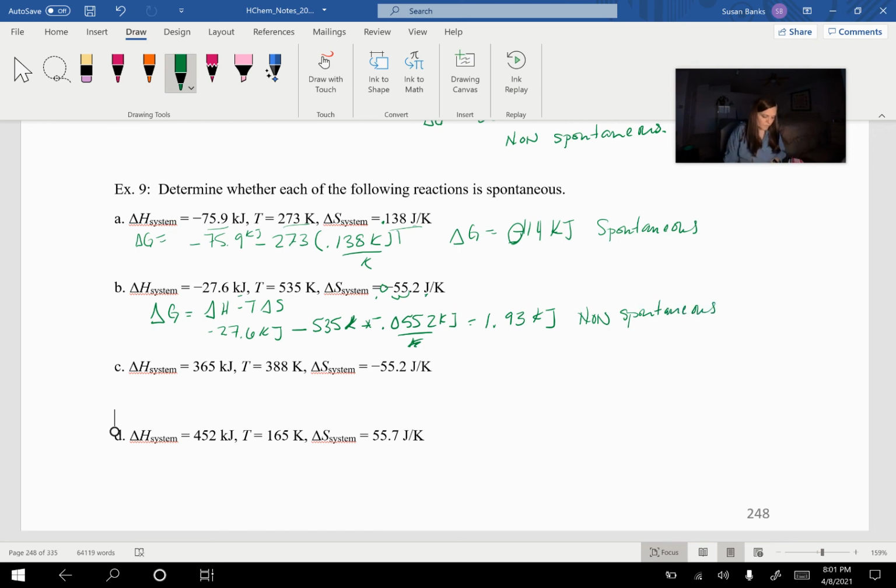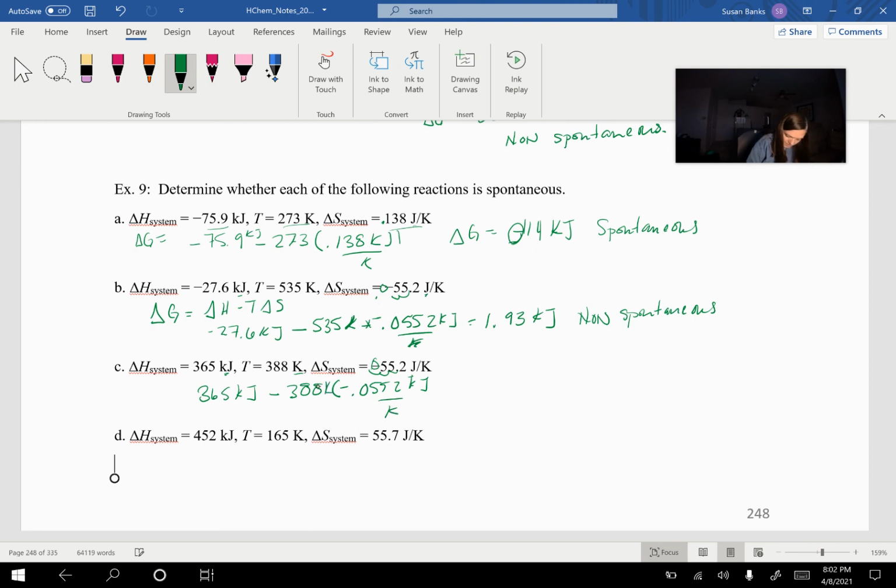Okay, let's do this next one. We have our temperature in Kelvin, so we're okay there. Kilojoules, this is joules, so we're going to move this over once again. So I have 365 kilojoules minus 388 multiplied by negative 0.0552 kilojoules per Kelvin.